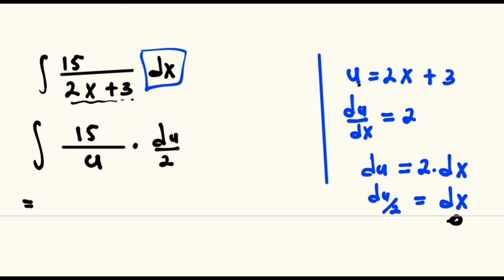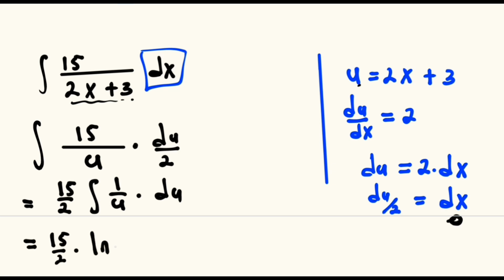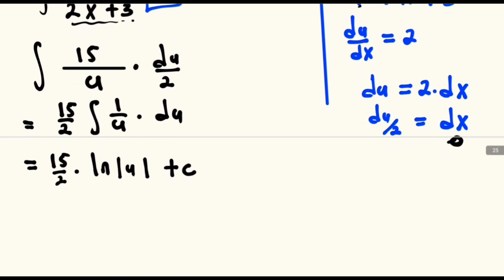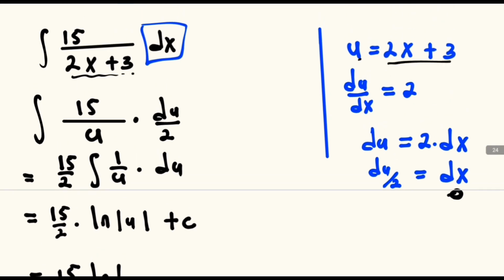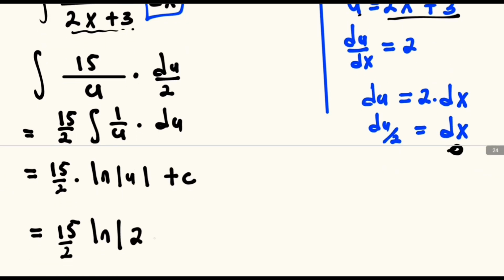We can take the 15 over 2 out of the integral, and we'll be left with 1 over u multiplied by the du, and the integral of 1 over u will be equal to the ln of u plus the constant c, and we take back the 2x plus 3 in the place of the u, plus the constant c.